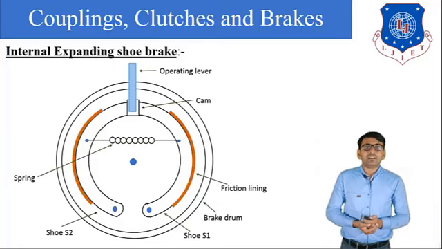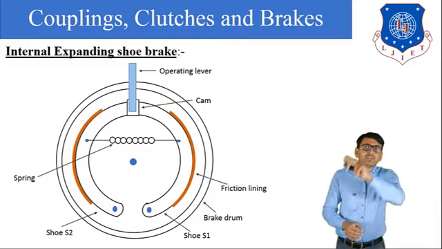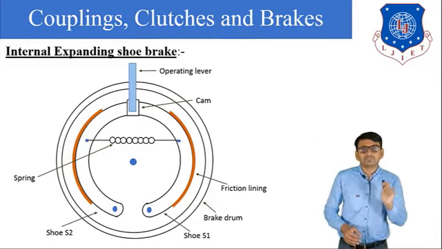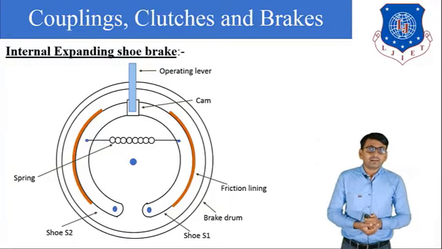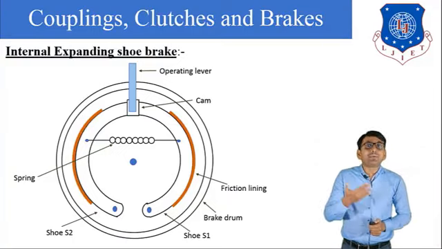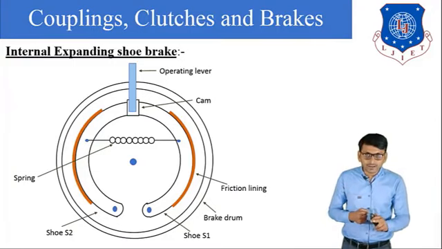Now in normal working condition, there is no contact between the friction lining and the brake drum. So the drum continuously rotates because there is no connection. And when the brake is applied, force acts on the lever.